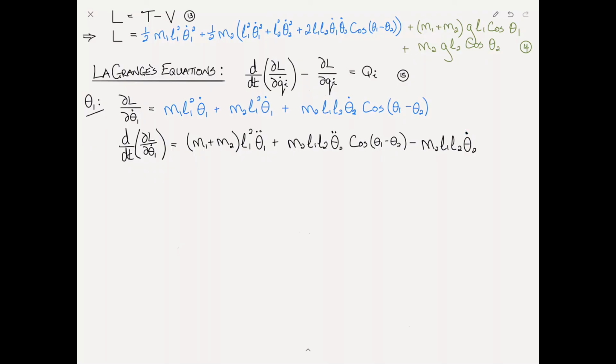And the reason for the minus is that the derivative of cosine is minus sine, so that gives me sine of theta 1 minus theta 2 times the derivative of theta 1 minus theta 2 with respect to time, which is theta 1 dot minus theta 2 dot.